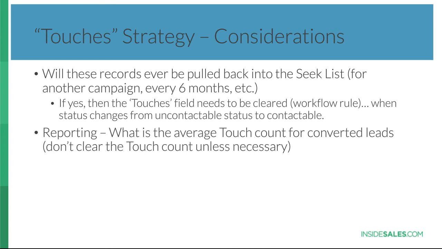Some variations on the touches strategy. You could have in your seek list looking for touches 1 to 3 and space them 24 hours apart. Or you can modify the instructions, and that's really easy just when you're building that formula. But all in all, a pretty straightforward strategy that does give you some flexibility. You could think about making the touches field visible and editable for your reps.